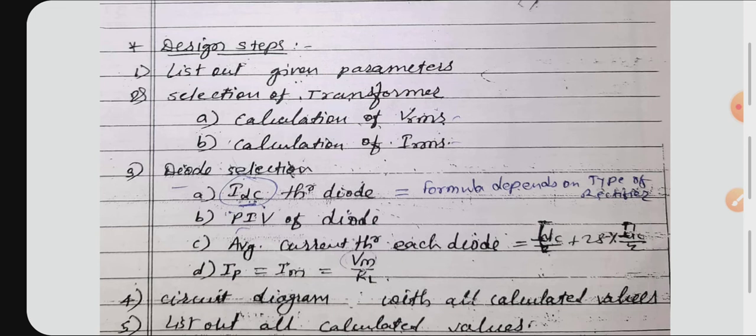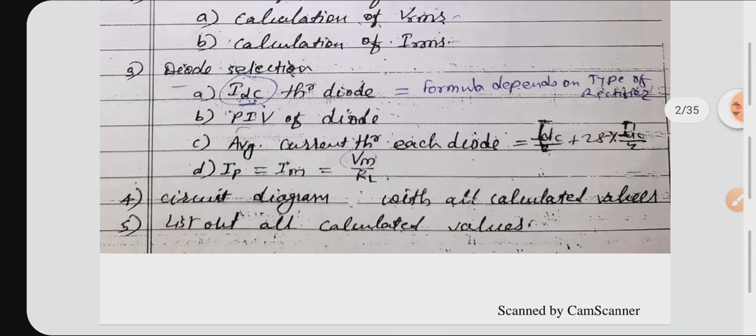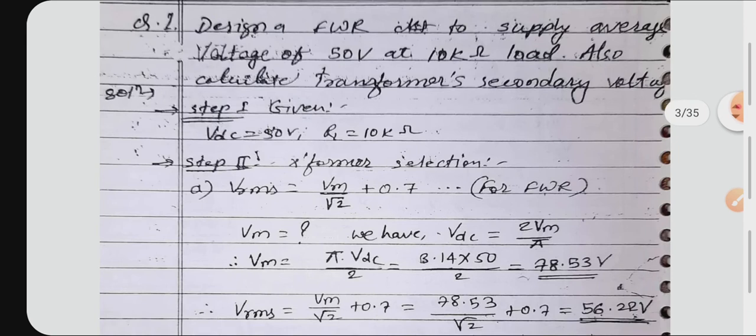Second, you have to select the diode for the rectifier, whether half wave, full wave or bridge rectifier. Accordingly, you can select the formulas and you can select the diode. Then next step will be to draw the circuit diagram with all component values. So let us proceed further.